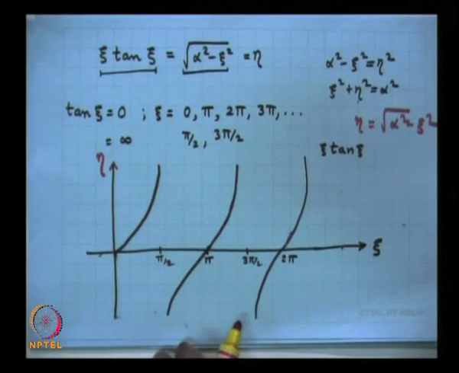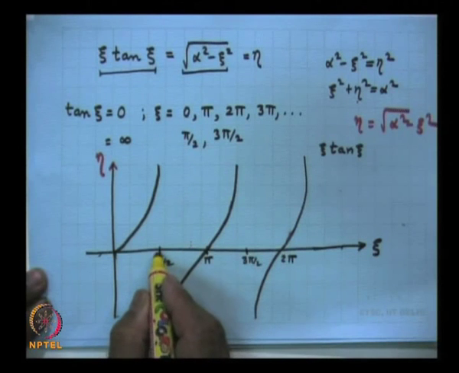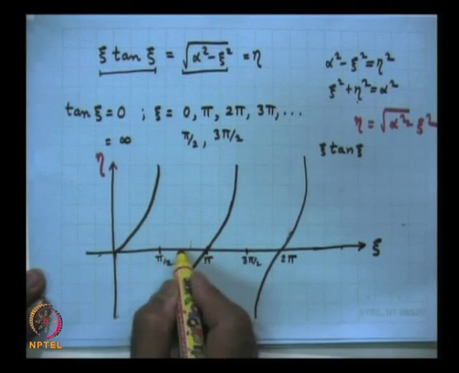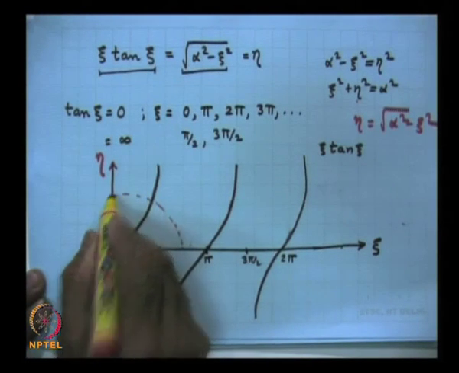So, I will ask you, tell me the value of alpha. If alpha is 2, then I will draw a circle, a quadrant of a circle. This is pi by 2, that is 1.5. So, 2 is somewhere here. So, if alpha is 2, I will have a circle of radius 2.